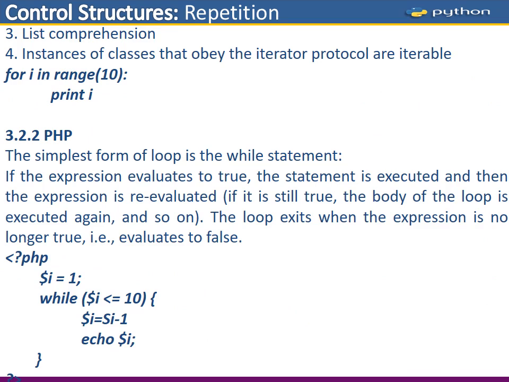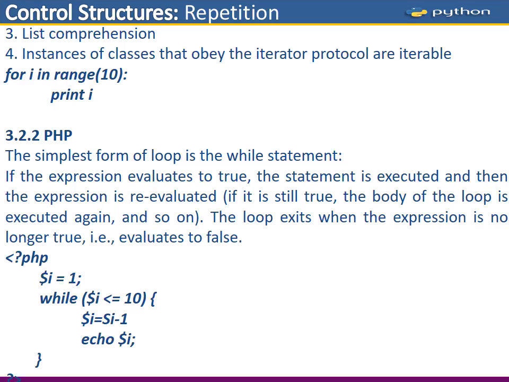Those are the iterable objects that we can use in a for loop, because a for loop in Python is used to repeat code a specific number of times, and it's used for iteration over sequences, which can be lists or tuples.